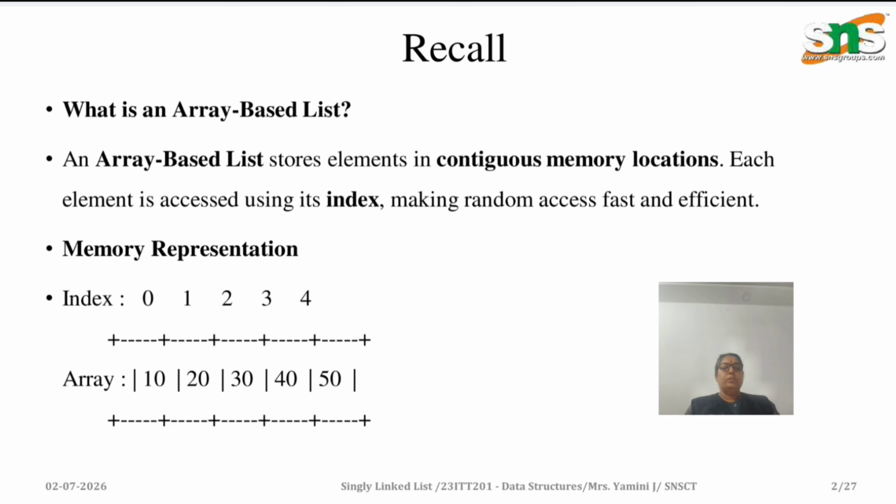This allows very fast random access. For example, if an array contains the values 10, 20, 30, 40 and 50, we can directly access any element using its position.